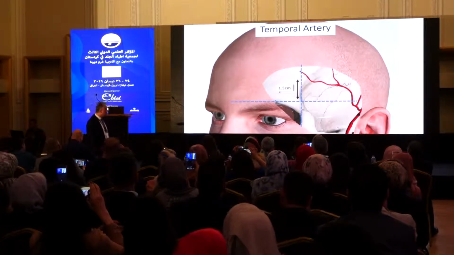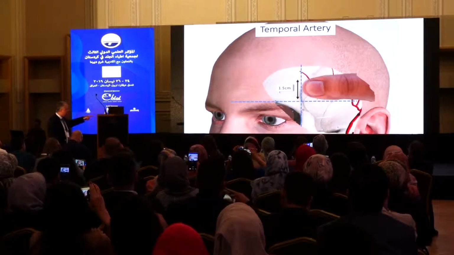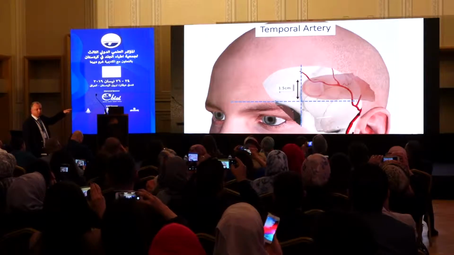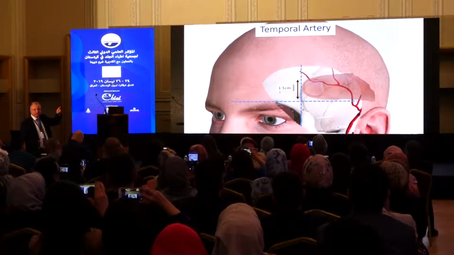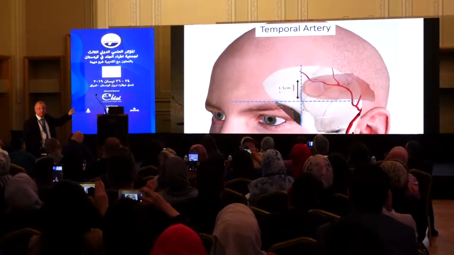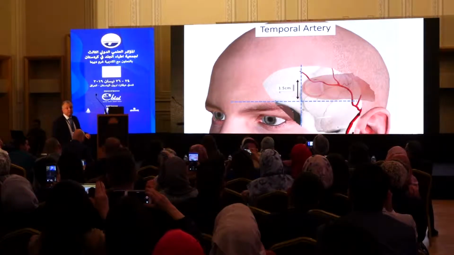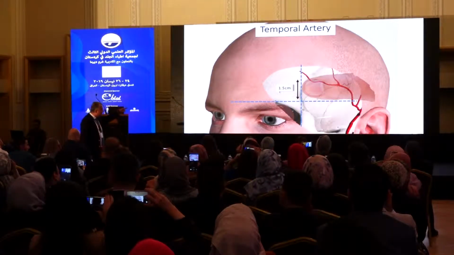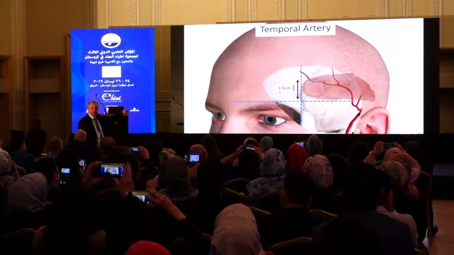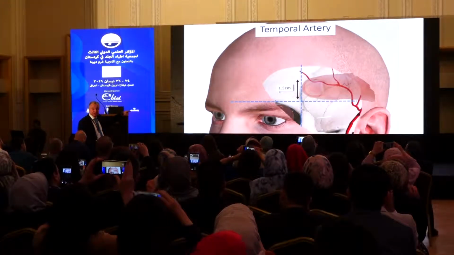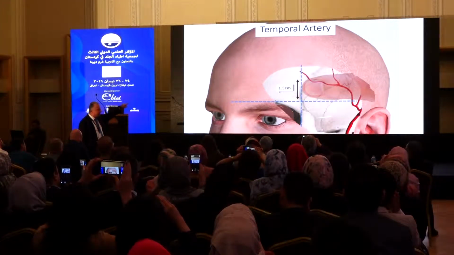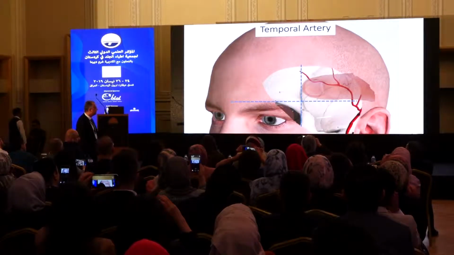That's it. It is almost 1.5 centimeters just above the peak of the eyebrow. So just below my thumb here is a safe area for injection. Just above, we have the superficial temporal artery.